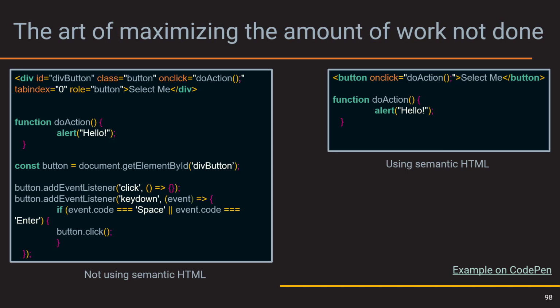On screen is HTML and JavaScript to create a button. On the right, the semantic button element is used, but on the left, the same is achieved without using semantic elements, but much more effort is required to make this button keyboard accessible, as you can see from the extra JavaScript. And you can view this demo for yourself on CodePen.